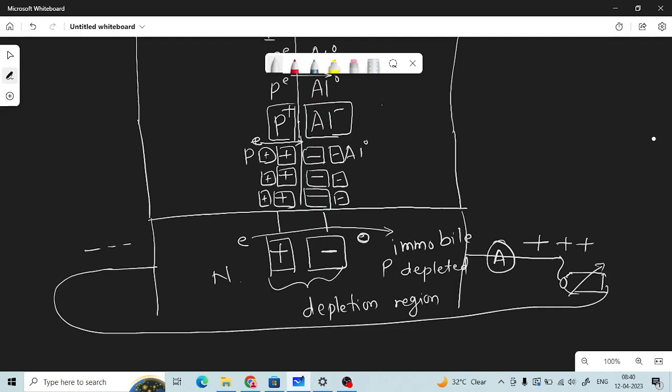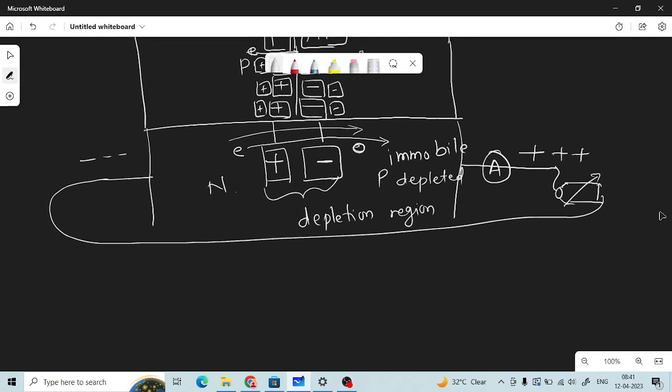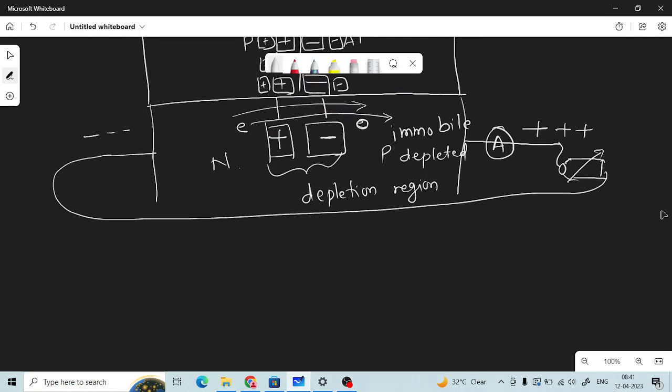Okay, and when we keep on increasing the battery potential more than the potential barrier, more and more electrons will come from the N region to the P region and the current will flow. Now what will happen if we plot the graph of this? And how can we plot the graph?